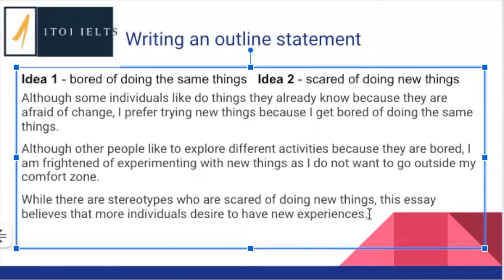Now, this student has approached this slightly differently. But let's see if it's good or not. So, and stereotypes here, I think, what would be a better word than stereotype? So people, we already had people, so what was a nice synonym for people?